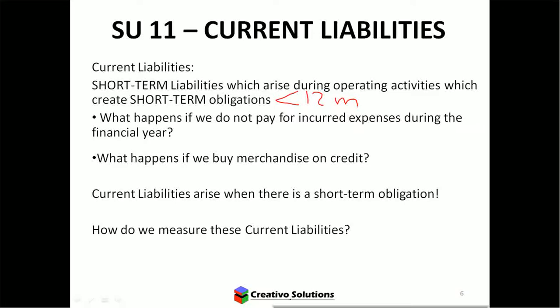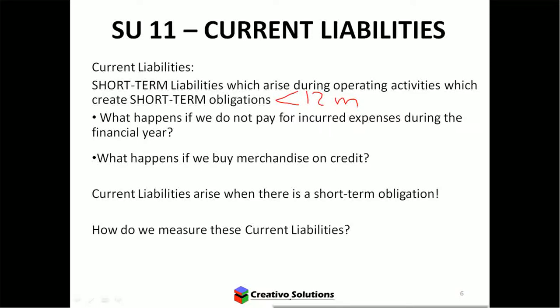If you buy something today and you don't pay, you're going to have to pay for it in the future. That obligation stays until you actually make payment, meaning pay for the outstanding amounts or return the goods. Then you won't have to owe them.